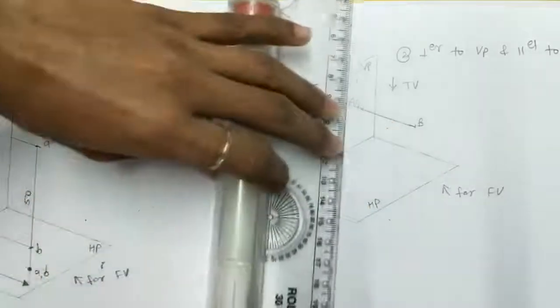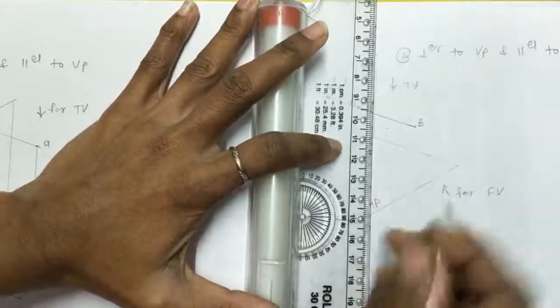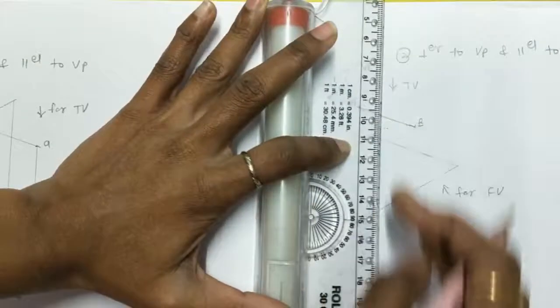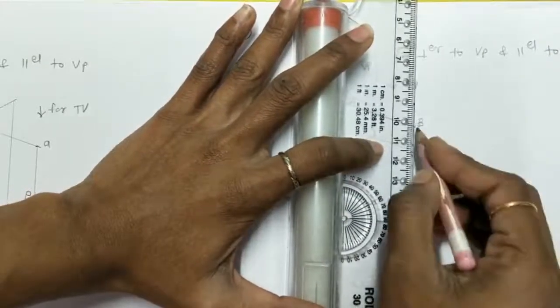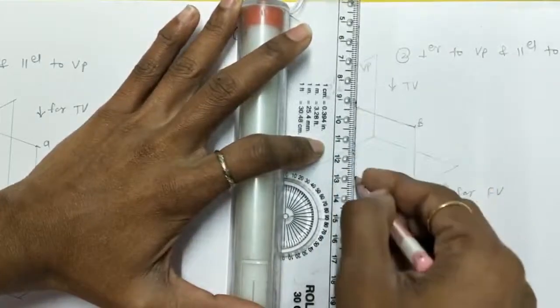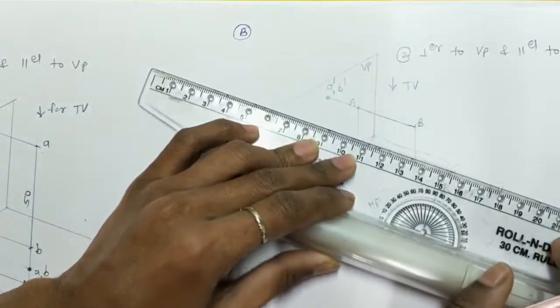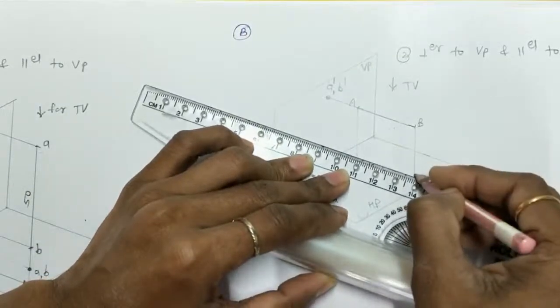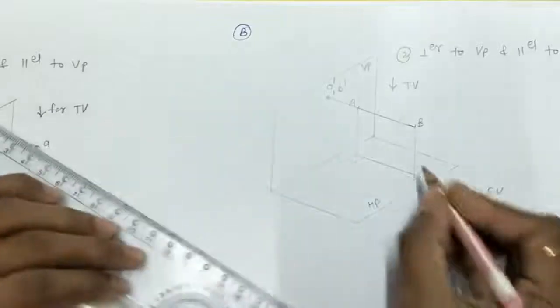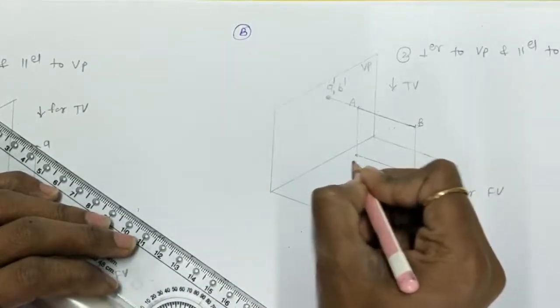Now we will draw its top view, as we are looking from the direction which is at the top. Now this is the top view.